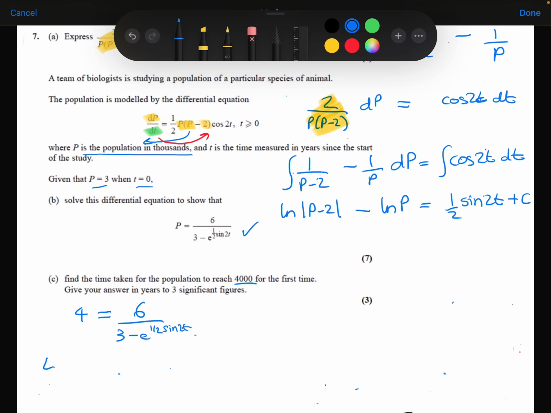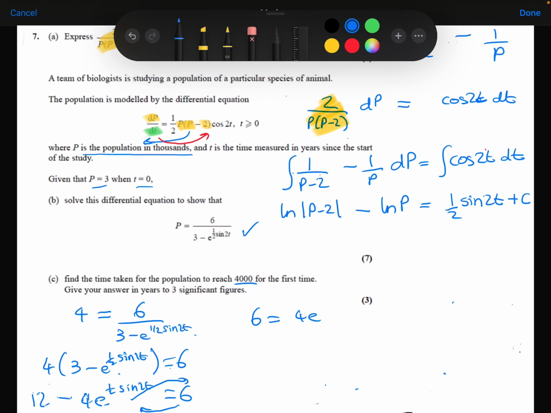So let's multiply both sides by that fraction. Expand the brackets. Let's move the 6 over here and move the 4e to the power on the other side. So the 12 minus the 6 is 6 equals 4e to the power of 1/2 sine 2t.